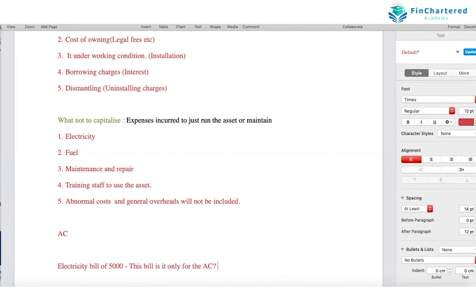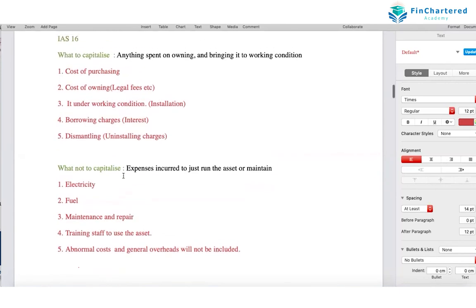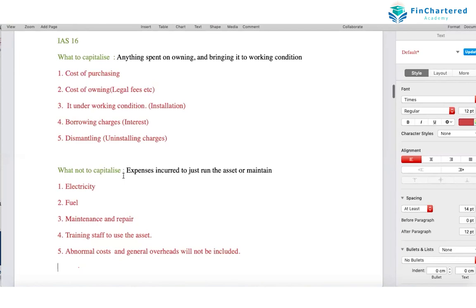It's for the light, it's for the fan, it's for the water, it's for everything. So it's not fair to capitalize it in the AC. Therefore, general overheads will not be included, which IAS 16 has clearly outlined to you, what is included and what is not included. Now, believe it or not, if you know this, you will be able to do a sum in the text.